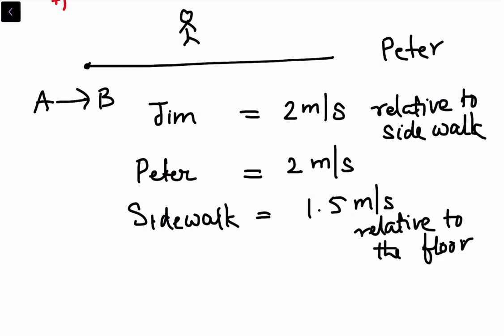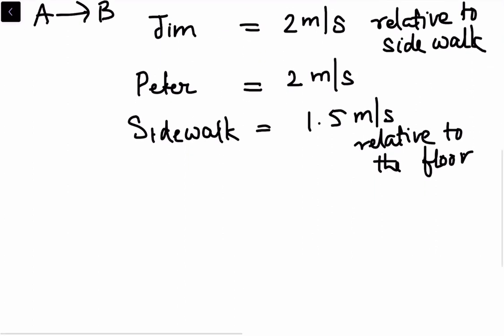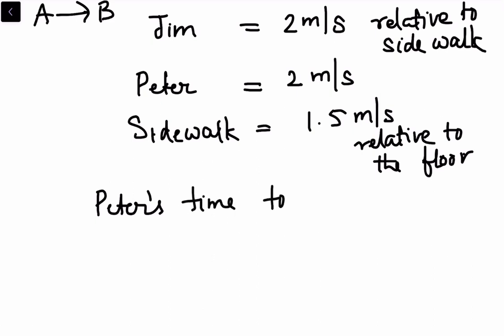It's a simple problem, nothing is difficult. The only thing is we have to understand the problem. Now, while going, let us take Peter's time to finish. This is only for going.